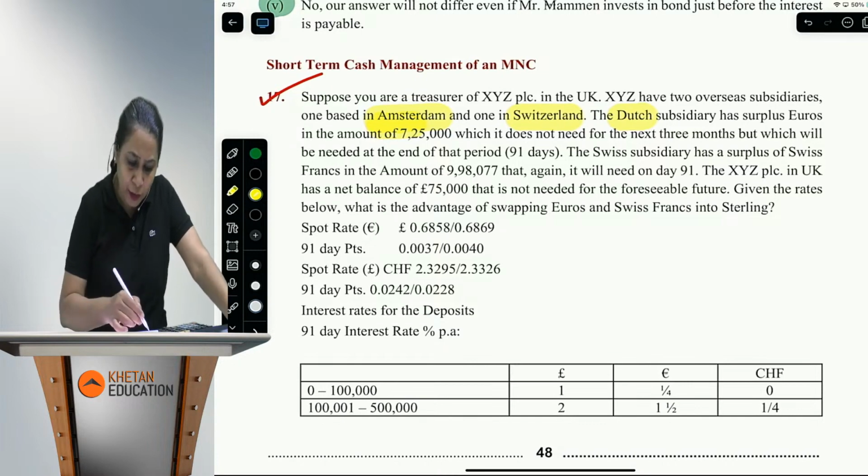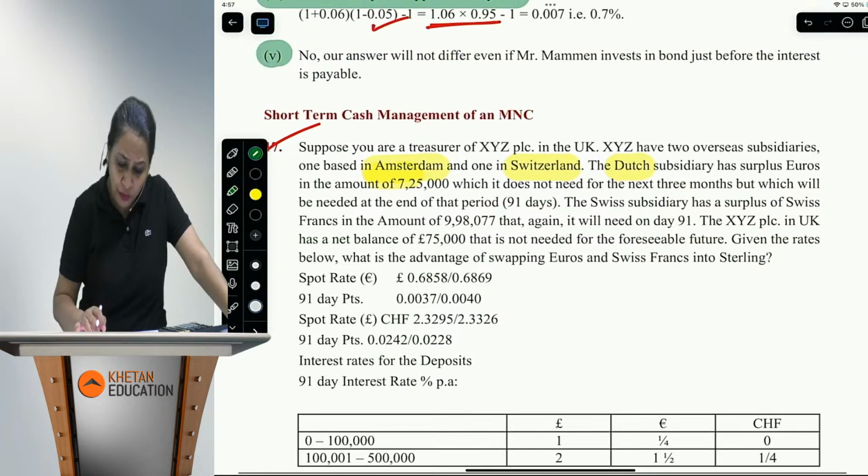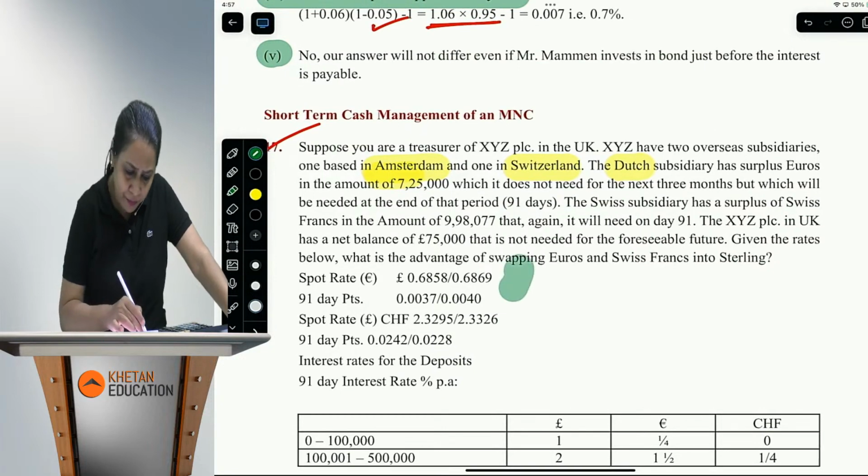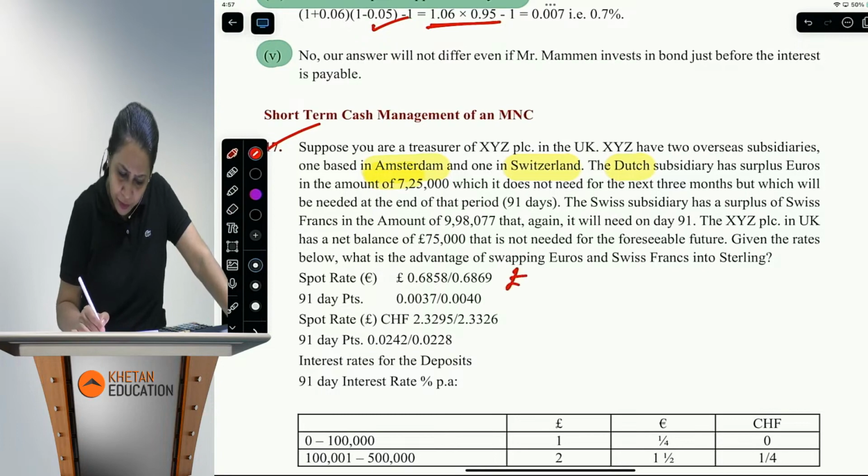So the only thing that you might need to do is changing the way they have given it. Can I write here? So pound per euro is 0.6858 and 0.6869.